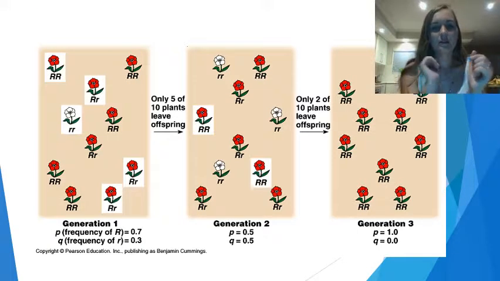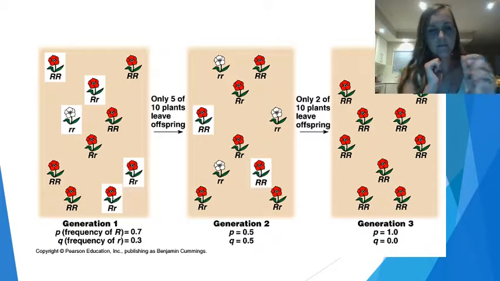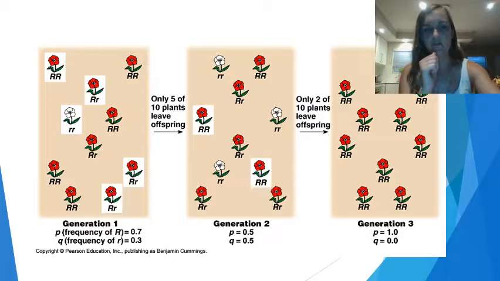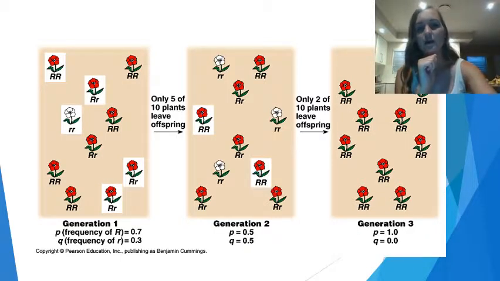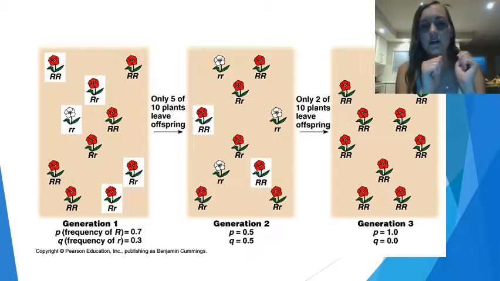So if we have a look at this slide, you can see here we have certain flowers that are reproducing. So let's say by chance these 4 red flowers and this 1 white flower reproduce. So 5 of the 10 leave offspring, which causes generation 2 to look a bit like the second picture.